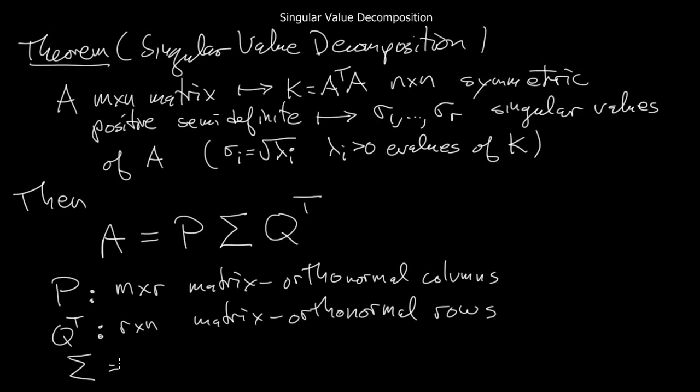And sigma is this diagonal singular value matrix, sigma 1 through sigma r on the diagonal. This decomposition always exists.